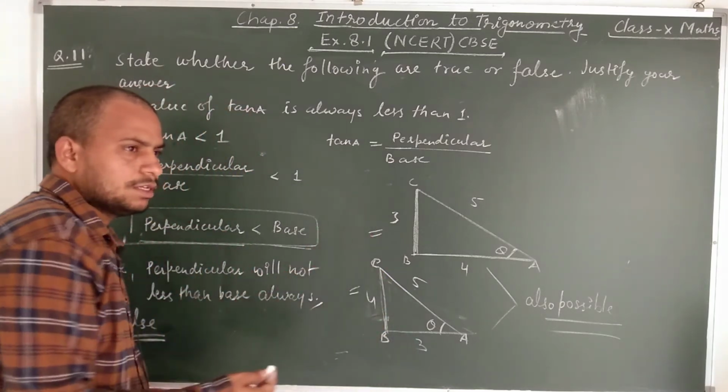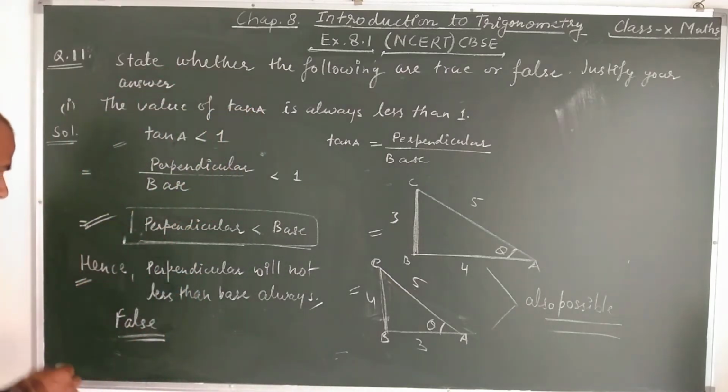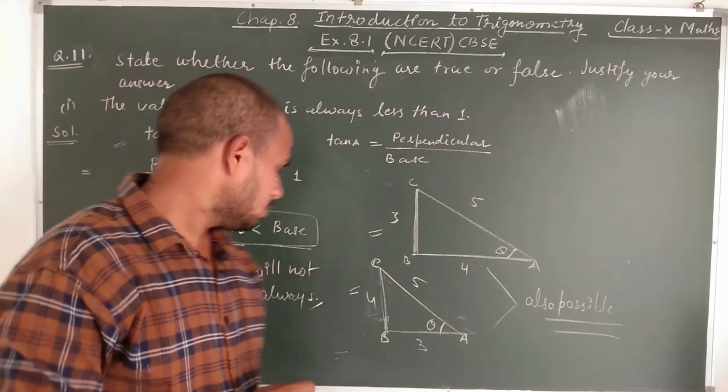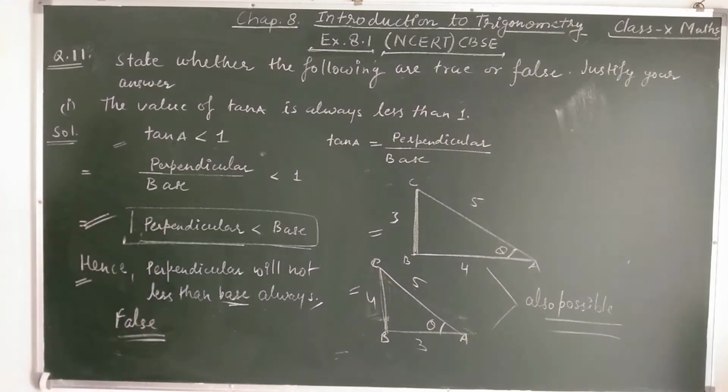So these two cases are also possible. So hence we can conclude that perpendicular will not always be less than base. So this is the first part.